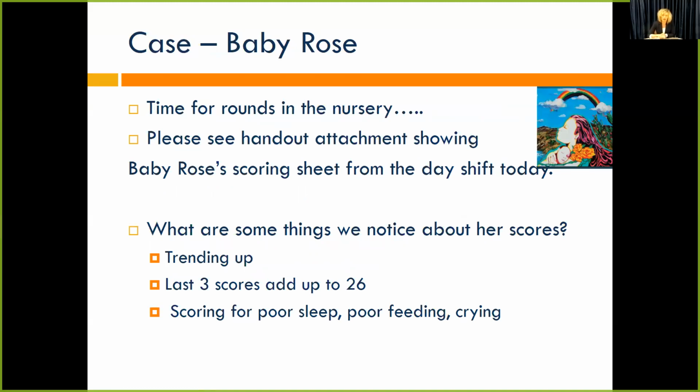And you may notice that her last 3 scores added up to 26. Also, if you remember from our last talk, we talked about some features on the scoring sheet we feel are very important measures of how well we're doing for the baby, and that would be sleep, and whether she was feeding, and also crying.